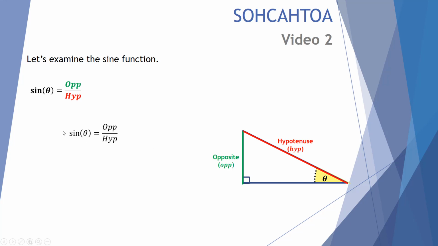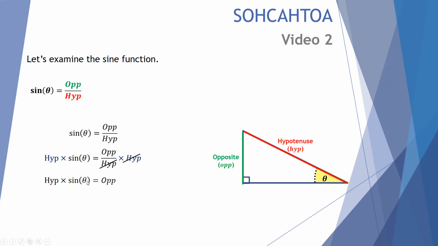So here's our starting equation. Let's see if we can derive some new equations from this starting point. If I were to multiply both sides by the hypotenuse, so on the left hand side of my equals, I multiply sine theta by hypotenuse, and on the right hand side, the opposite over hypotenuse fraction, I multiply by the hypotenuse, we can see that there's a simple cancellation here, which gives us a new equation.